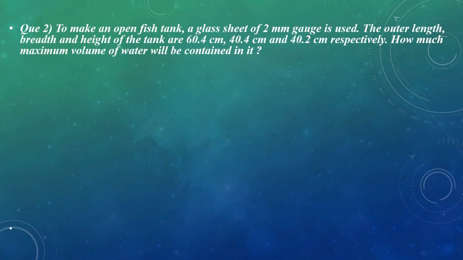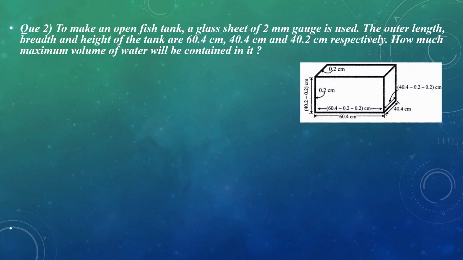Question number 2. To make an open fish tank, a glass sheet of 2 mm gauge is used. The outer length, breadth and height of the tank are 60.4 cm, 40.4 cm and 40.2 cm respectively. How much maximum volume of water will be contained in it? So this is the shape of the fish tank.